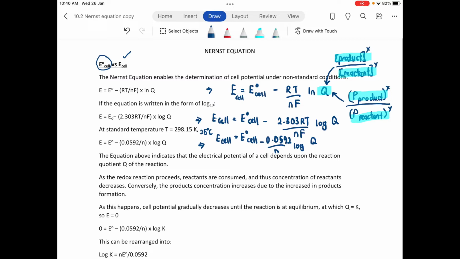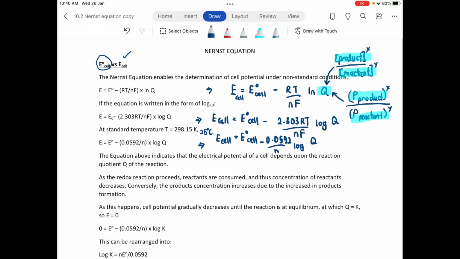So the reaction cannot happen any longer. Kalau kita biarkan lama, reaction tu asyik berlaku saja, concentration reactant terus berkurang, concentration produk terus bertambah, dia akan sampai satu tahap yang cell potential anode dan cathode tu akan jadi sama, equilibrium.